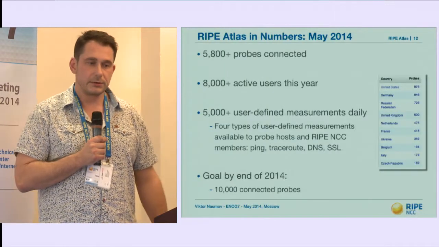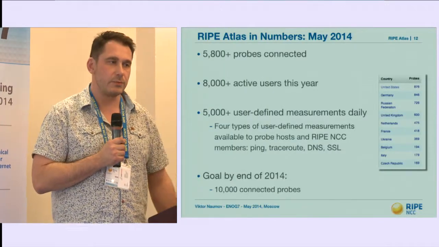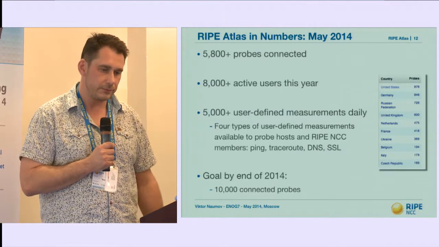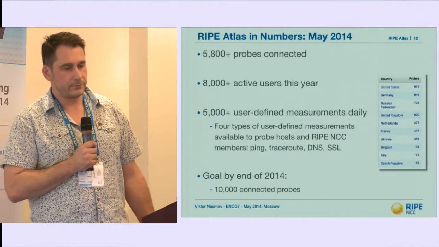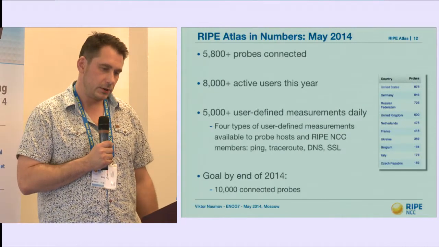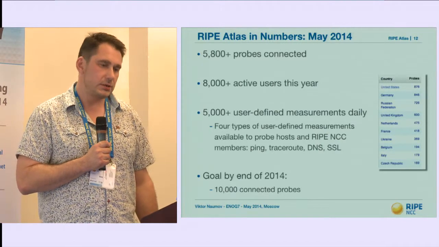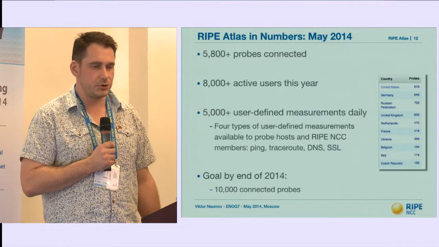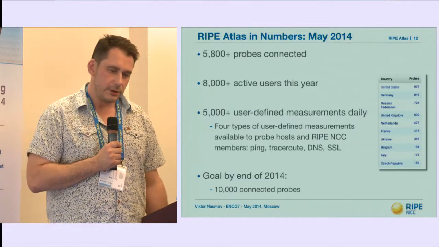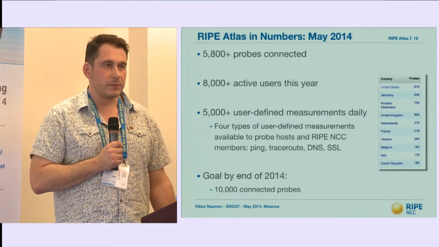A few words about RIPE Atlas development. Today we have more than 5,800 probes connected. We have 8,000 active users this year. Every day we run 5,000 plus measurements, which are user-defined.